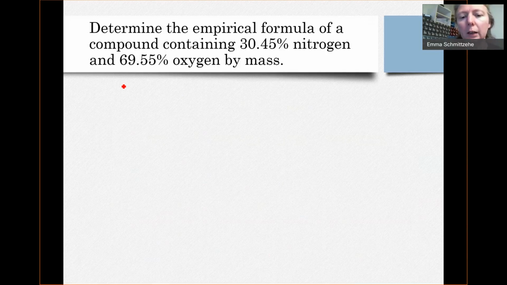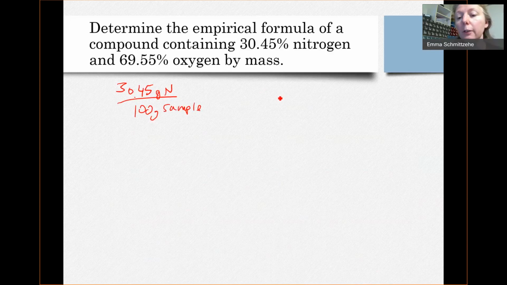So really 30.45% of nitrogen by mass is 30.45 grams of nitrogen per 100 grams of our sample, okay? And 69.55% oxygen would be 69.55 grams of oxygen per 100 grams of the sample.